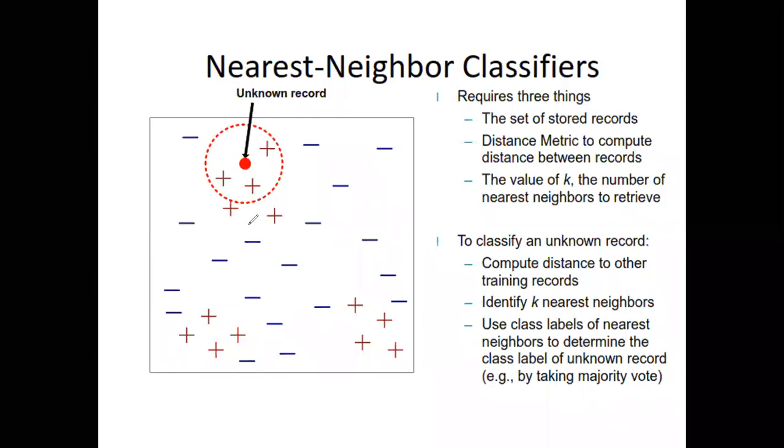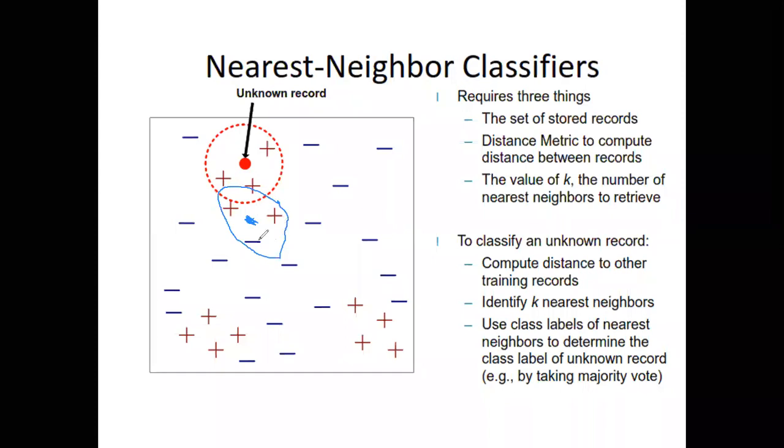What happens if the dot is here? To which class does it belong? This is the new dot. Which are the three nearest neighbors for this? These are the three nearest neighbors.